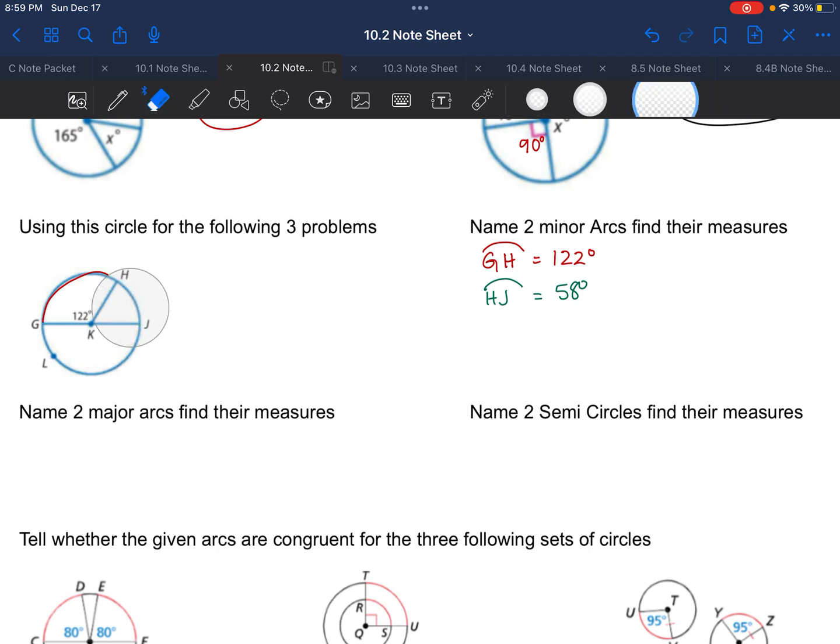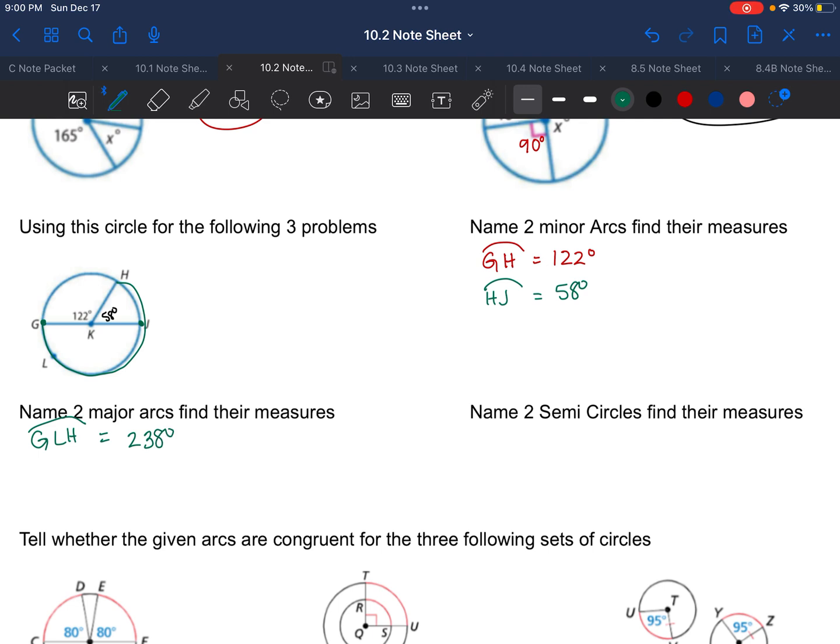Now, let's do 2 major arcs. One major arc that I see would be arc GLH. Okay, so arc GLH goes all the way around. GLJ is 180, and then 180 plus the 58 would be 238 degrees.